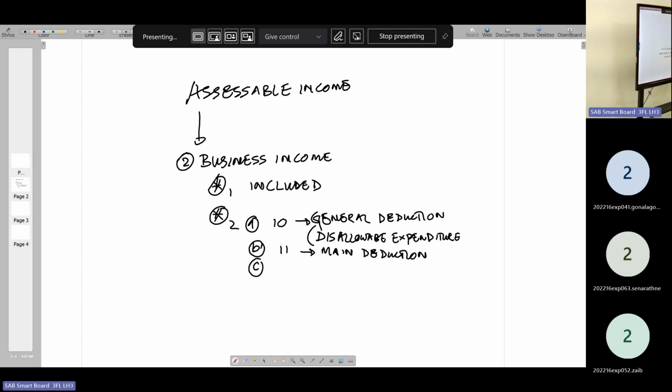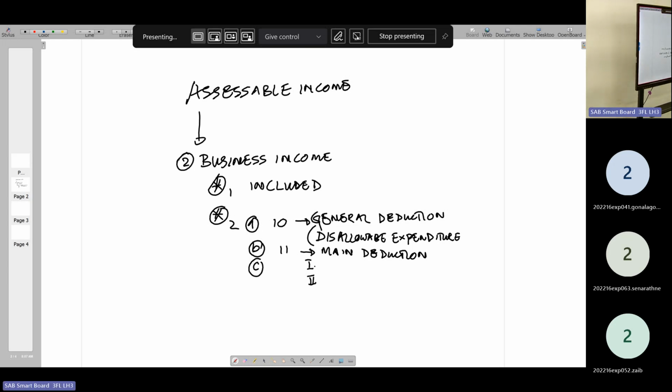It says expenditure to the extent that it relates to the production of income during the year we can deduct. Thereafter it says no expenditure can be deducted which is in the nature of capital.